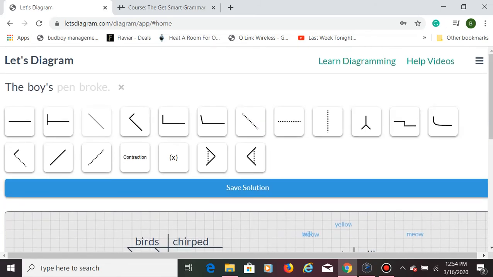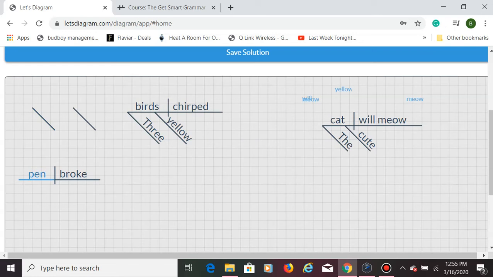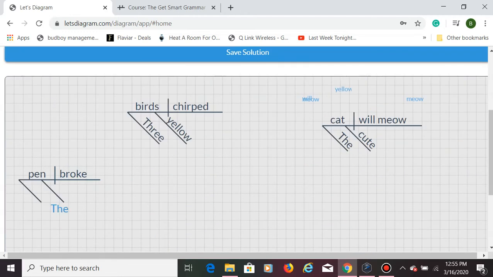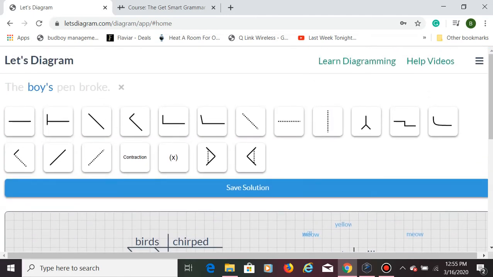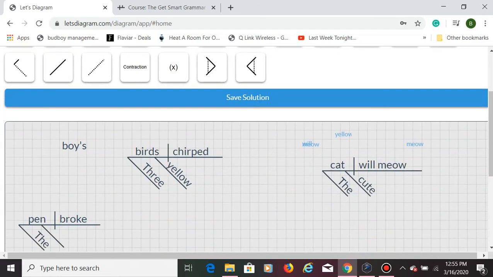Now, we have to add our adjective markers. So, we'll put it right here, because adjectives modify nouns and pronouns, so it goes right under the subject, which is the noun. The is always an adjective because it's an article modifying pen. Boys answers the question, whose pen?